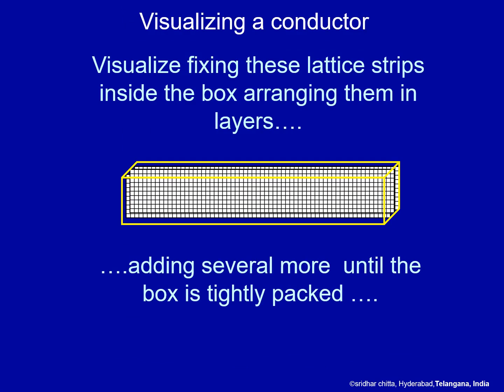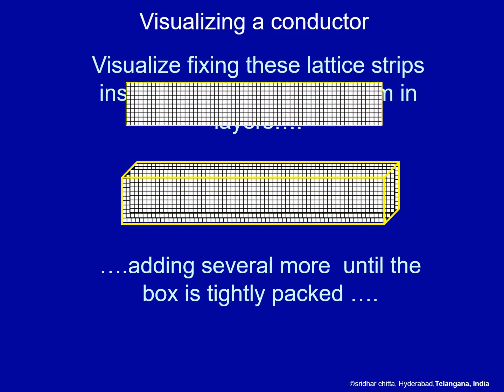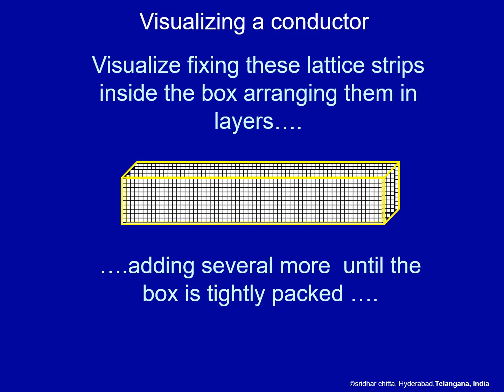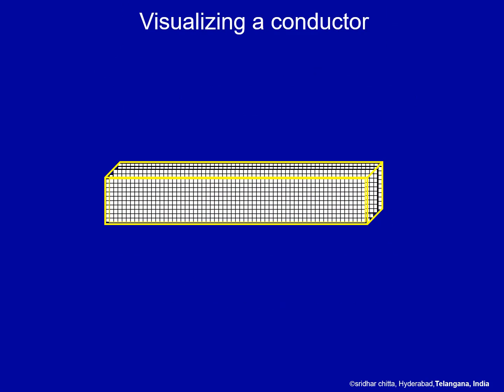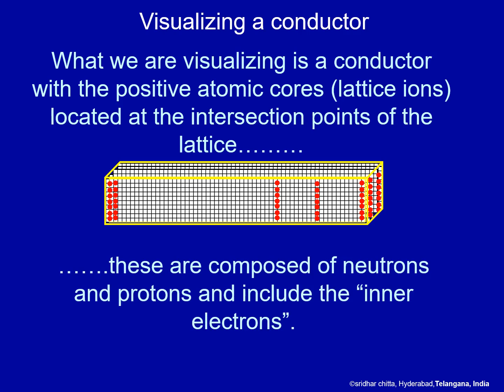Adding several more until the box is tightly packed. What we are visualizing is a conductor with the positive atomic cores, lattice ions, located at the intersection points of the lattice. These are composed of neutrons and protons and include the inner electrons.